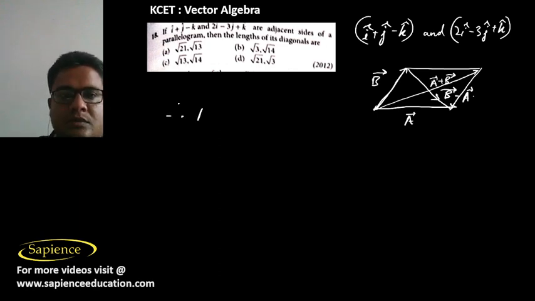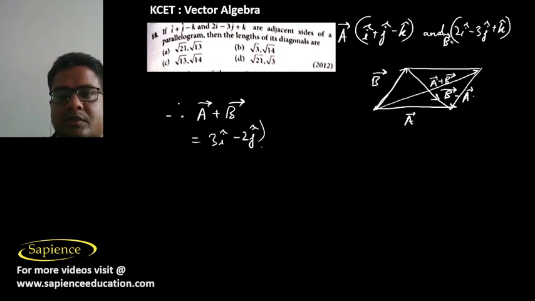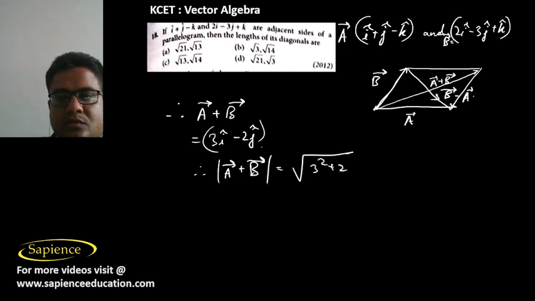Therefore, first we need to find, this is A vector and this is B vector. So A plus B vector will be equal to 3i cap minus 2j cap. Therefore, its magnitude is the length. Its magnitude is square root of 3 square plus 2 square, that is 9 plus 4, root 13.